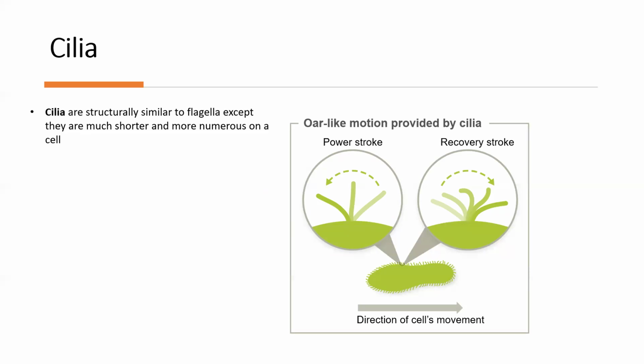If you think about rowing a boat, or if you've ever seen someone row a boat, you've got the power stroke, which is the initial pull backwards, and then the recovery stroke, which is where you pull the oar out of the water, come forward, and then put it back into place. And so they move in concert using that power stroke, recovery stroke back and forth.